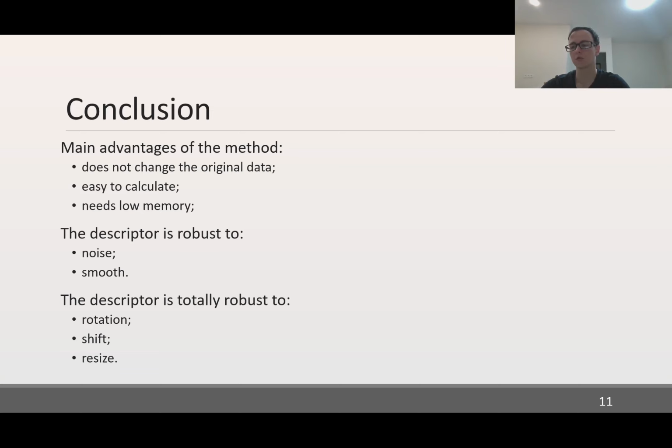Furthermore, it was noted that the computation of the descriptor is straightforward. It does not introduce distortions to the original model, and it demands only a minimal amount of memory.